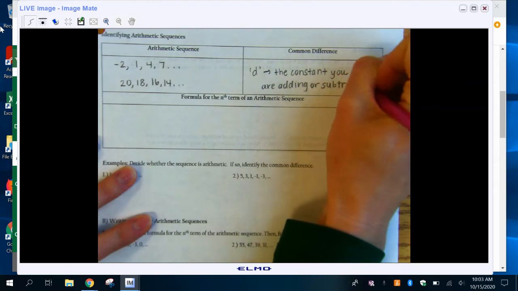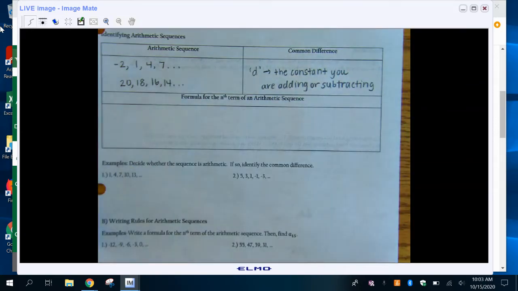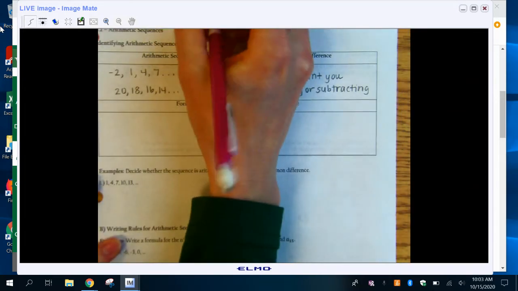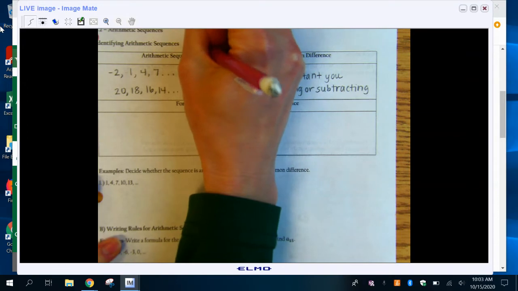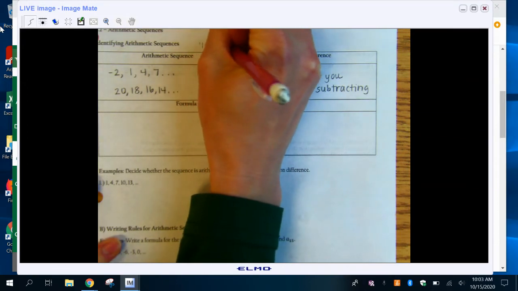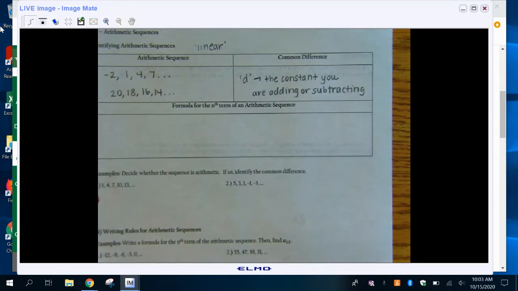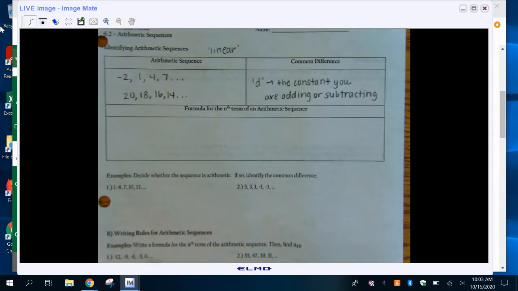So if we think about what type of functions follow this same type of pattern, when we're adding or subtracting the same amount, an arithmetic sequence is basically a linear pattern. Okay, so it follows the same characteristics as a linear function.